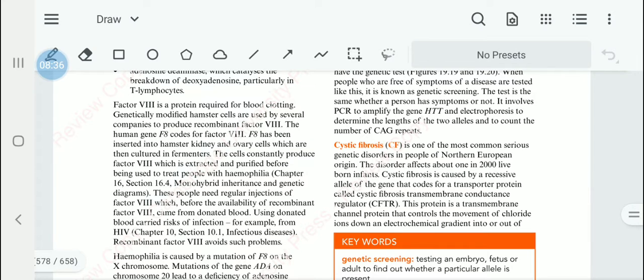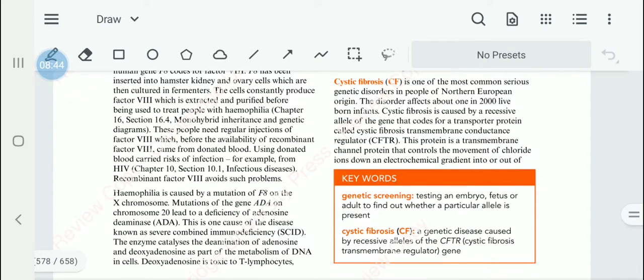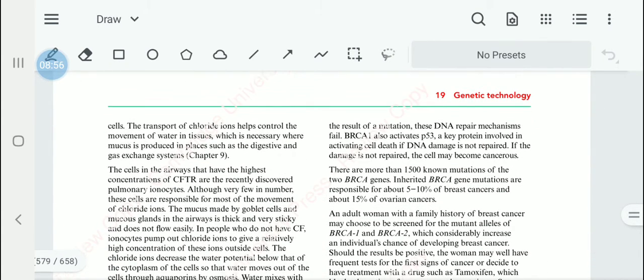Cystic fibrosis is caused by the recessive allele of that gene that codes for this particular CFTR protein. This protein is a transmembrane channel protein that controls the movement of chloride ions down the electrochemical gradient. When this malfunctions, there would be cystic fibrosis.